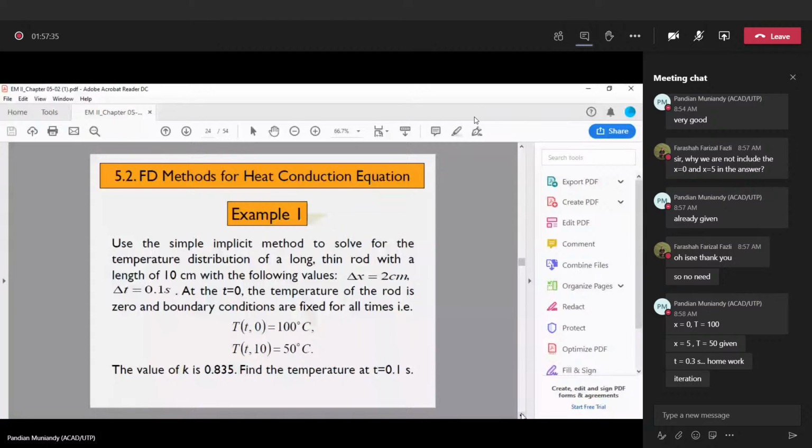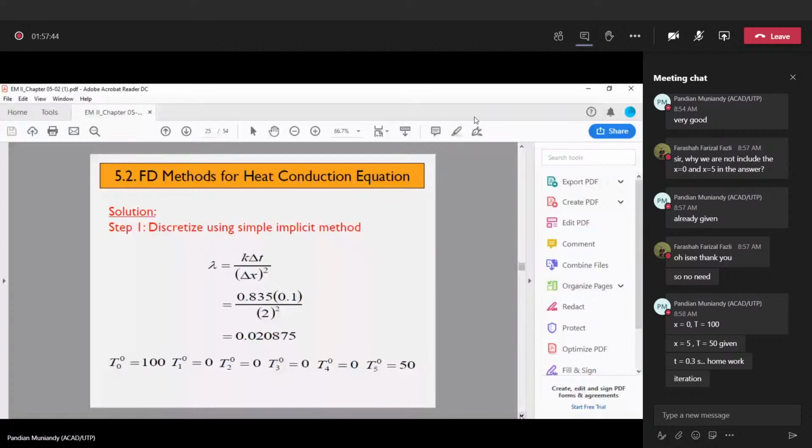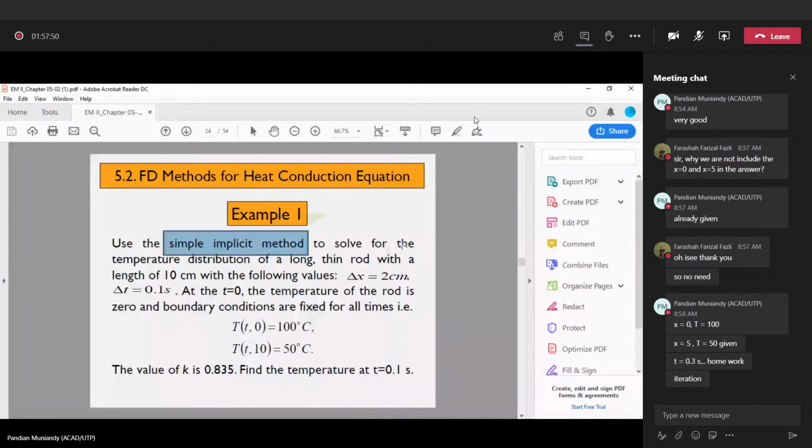So in order to solve this problem, we will create a system. We will create the system with initial condition and boundary condition. So this part we will do next week. If you have time, you can do it yourself.